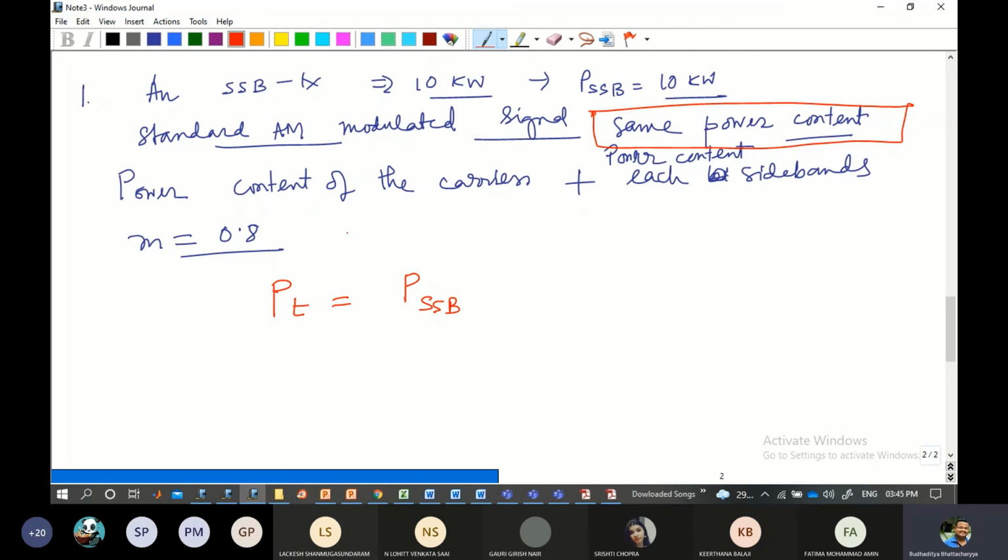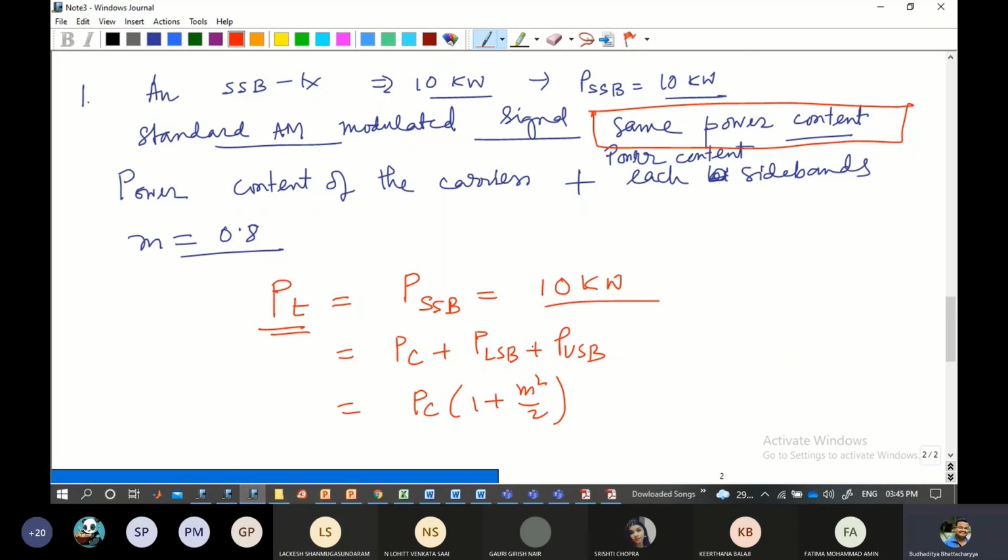So simply we can write PT as PC plus PLSB plus PUSB. Naturally, if I go on doing it, it will come around PC times 1 plus M square by 2. So PT will be like this. Now PT is equal to 10 kilowatt as given.